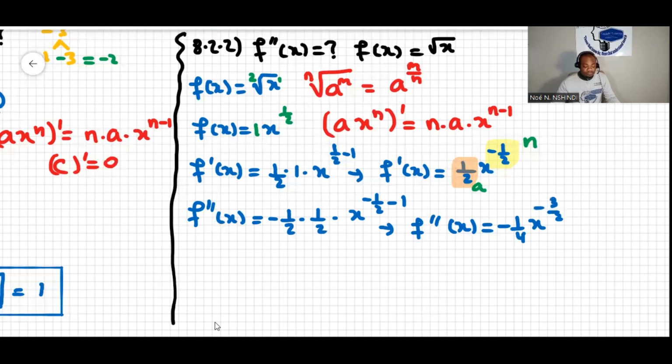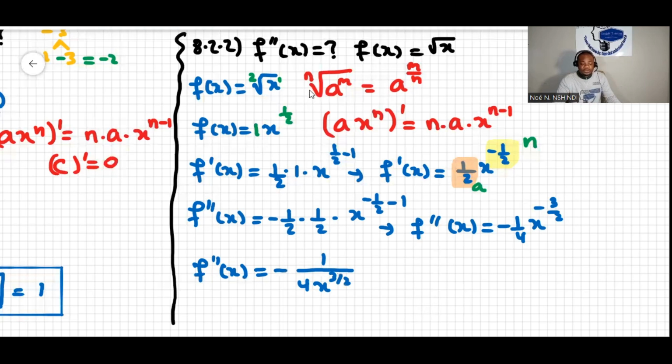So f second of x is equal to a negative, and then we can transform it. When we have a negative exponent, we can write it at the denominator with a positive exponent. We already have 4 at the denominator, so we can write 4 x to the power of 3/2 under 1 like that, and then apply the same rule we had here, but this time from right to left.